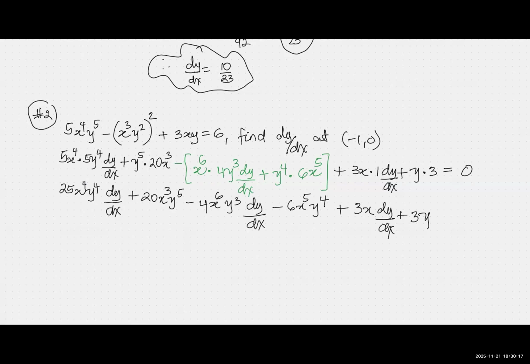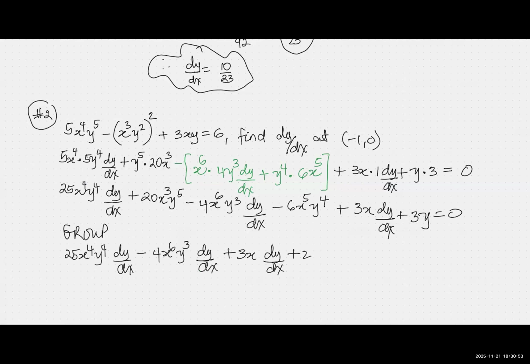I'm going to group, and then I'm going to have 25x to the fourth, y to the fourth, dy by dx, minus 4x to the sixth, y to the third, dy by dx, plus 3x dy by dx, plus 20x cubed, y to the fifth, minus 6x to the fifth, y to the fourth, plus 3y equals 0.